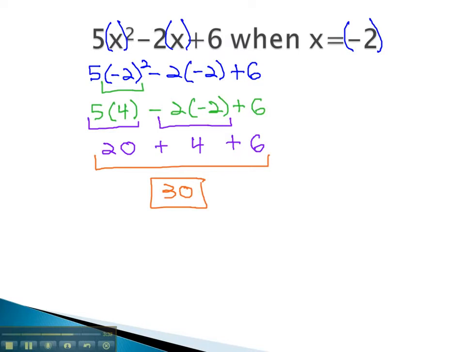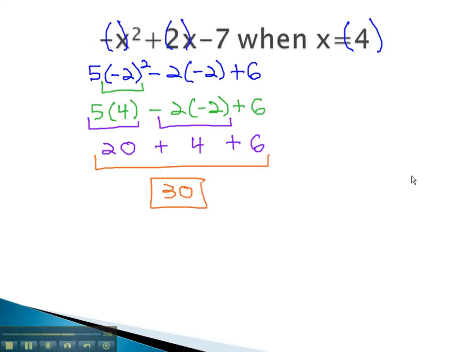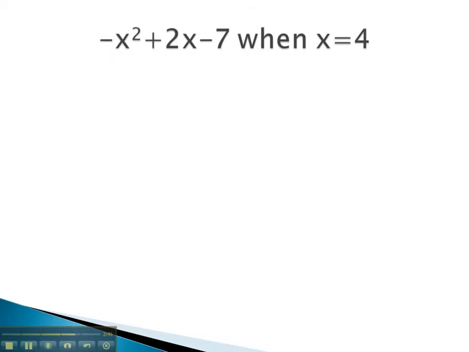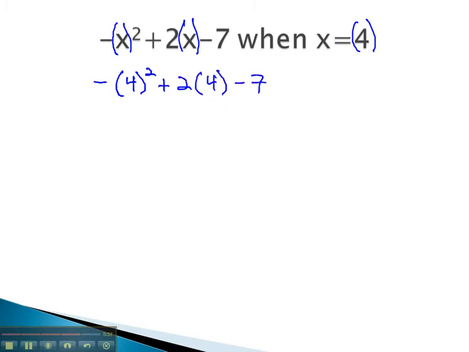Let's try one more example where we evaluate a polynomial when we know the value of the variable. In this expression, we know the variable x is equal to 4. This means we will replace each of the x's with a 4, giving us (-4) squared plus 2 times 4 minus 7.